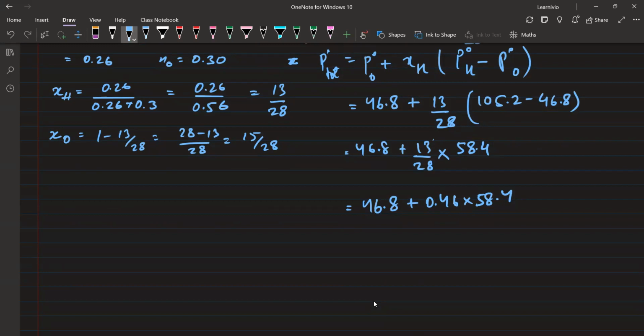Plus 0.46 multiplied by 58.4. It's coming out to be 73.66. Kilopascal will be the unit.